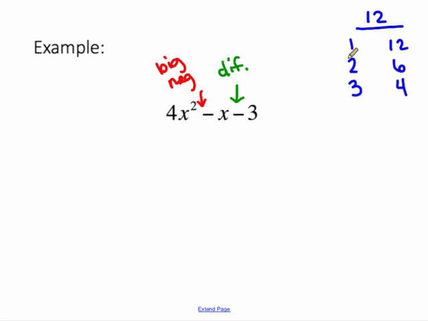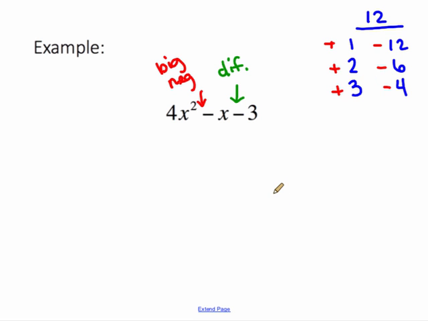Now, since we did our factors in this nice, neat order, so 1, 2, 3, the smaller numbers are on the left, the bigger numbers are on the right, all of our bigger numbers will get a negative. So all of the numbers on the right get a negative. And since the signs are different, all of the smaller numbers are positive.